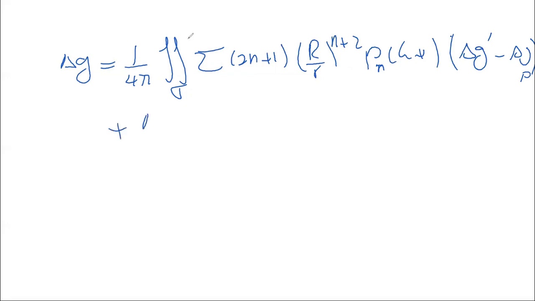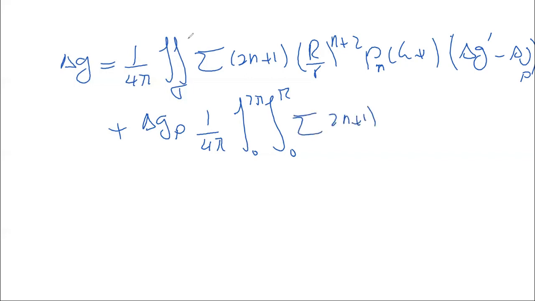And the restore will be delta Gp outside, and then I will have the 1 over 4 pi integral 0 to 2 pi, 0 up to pi, summation to n plus 1, r over n plus 2 pn cosine sine d alpha.